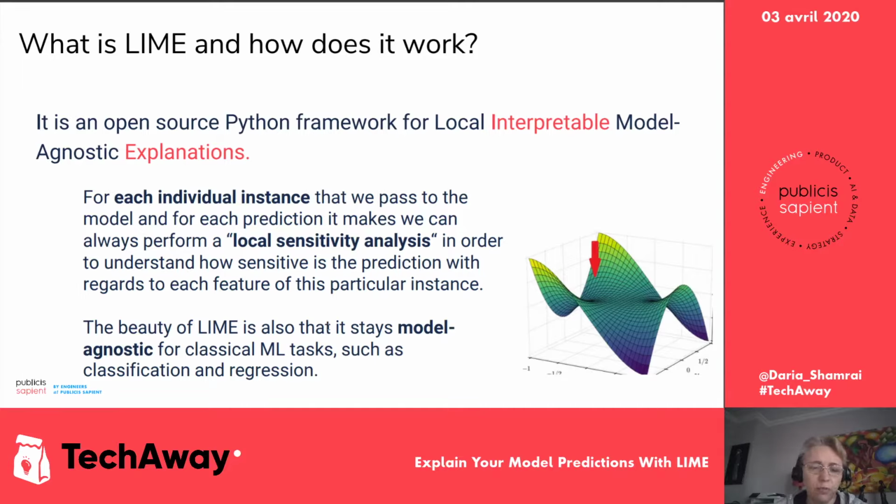Again, the beauty of LIME is that it stays model agnostic for most classical ML tasks such as classification and regression. I say most because there could be some tasks in the data science domain, such as a recommender system, which won't be so easy to analyze with a tool like LIME because the mechanisms of evaluation of these models are slightly different.